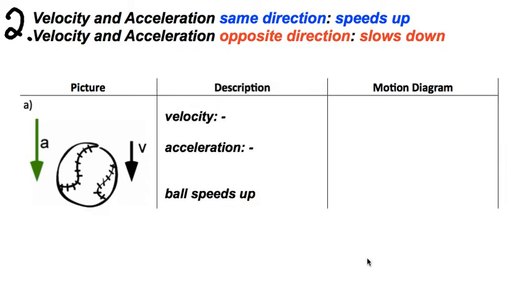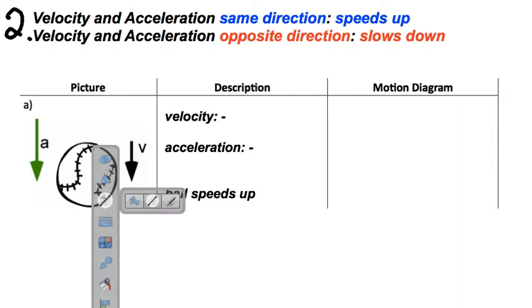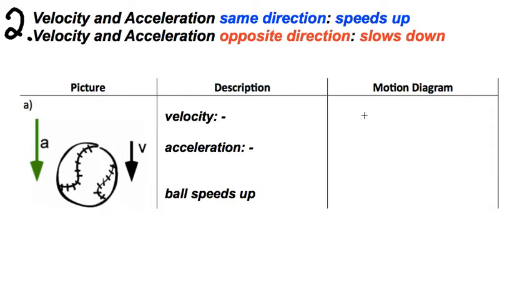Okay, for the motion diagram, we have our axis now going vertically. If you're really just comfortable putting it left and right, that's still okay, but this is a ball dropping, so having a vertical motion diagram makes a bit more sense.